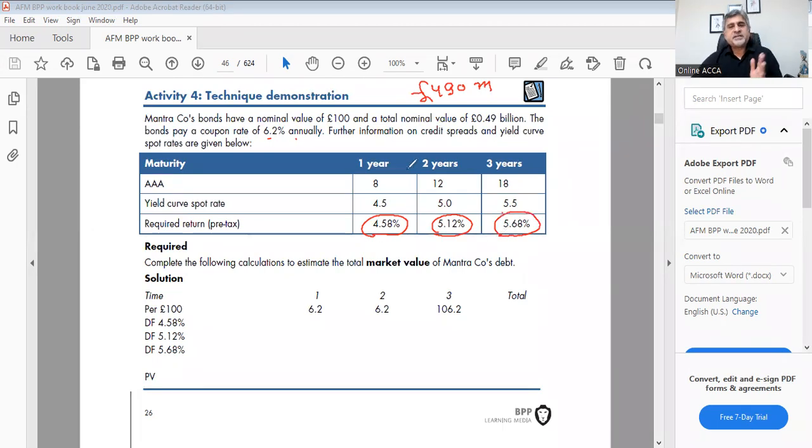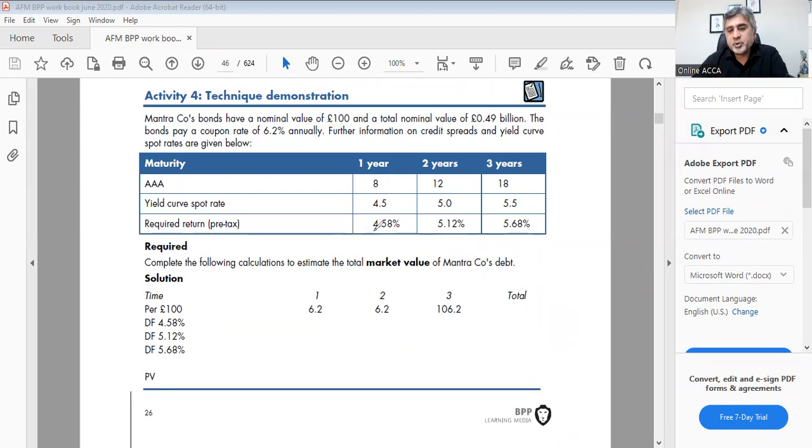Now, these are the discount factors. Now, what are these things? These are the discount factors you are going to use to discount your cash flows in year 1, 2, and 3. What is year 1 cash flow? 6.2% over 100, which means $6.2 in year 1, $6.2 in year 2, and 106 in year 3 because 100 you will return. And then you need to discount this cash flow.